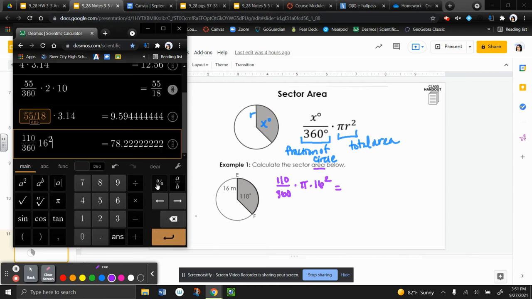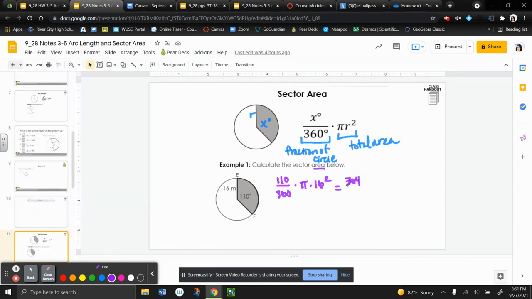So 16 squared. To get the fraction, 704 over 9 pi. Our units are going to be meters. Actually, our units are going to be meters squared since area units are always squared. And to get the approximate, we're going to do 704 over 9 times 3.14.